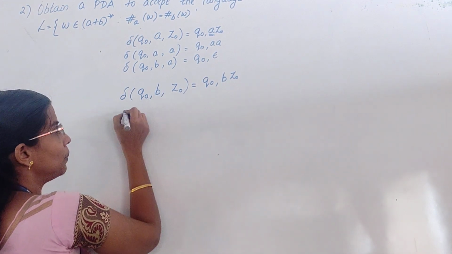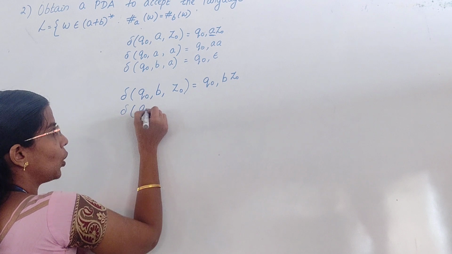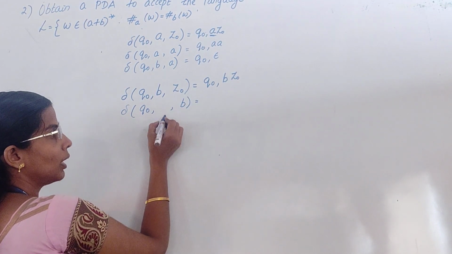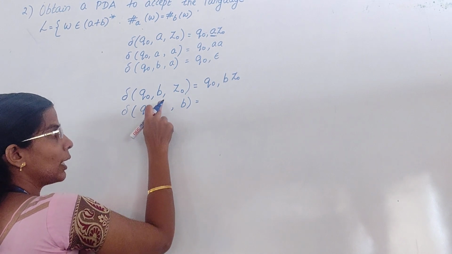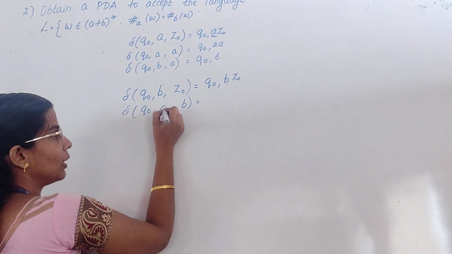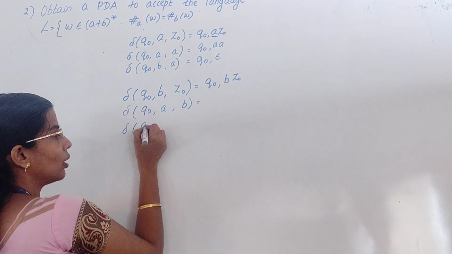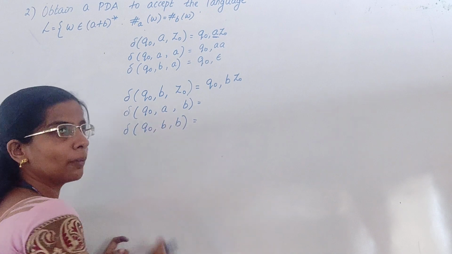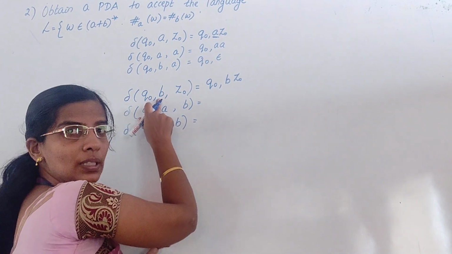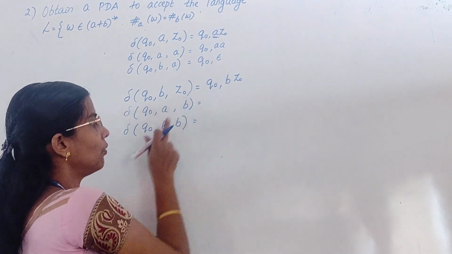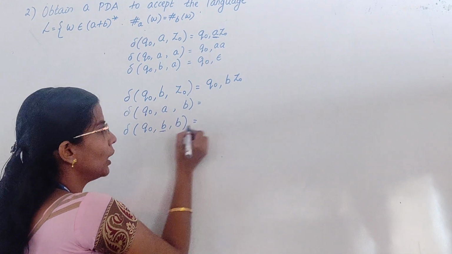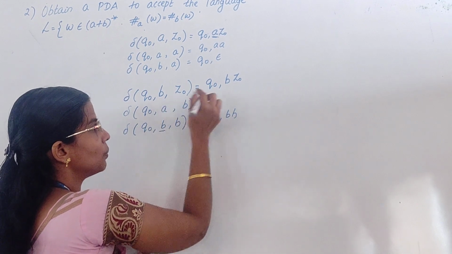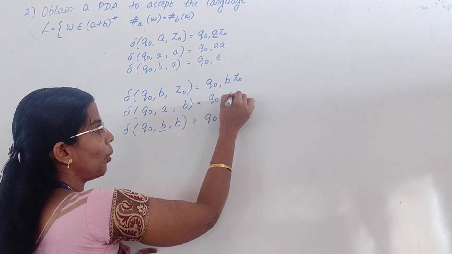First symbol is B, so my stack top is B. Here my input symbol can be either A or B, but the stack top remains B, since my first symbol is B and I have pushed. So whenever you see the input symbol B, you have to push. If your input symbol is A, you have to pop.